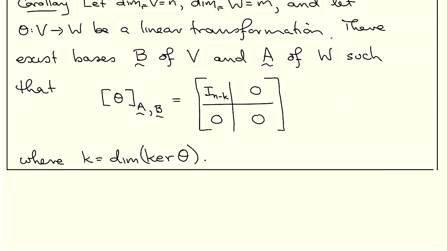So it's using the rank nullity theorem. They're already defined, so I don't have to suppose. We've already called the dimension of V as n and W as m.